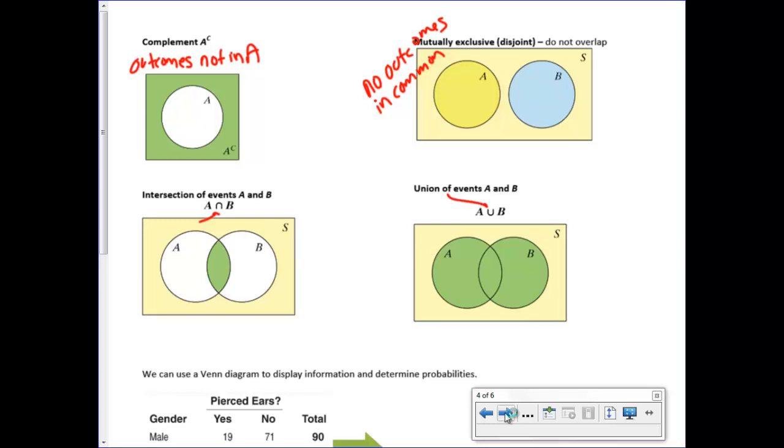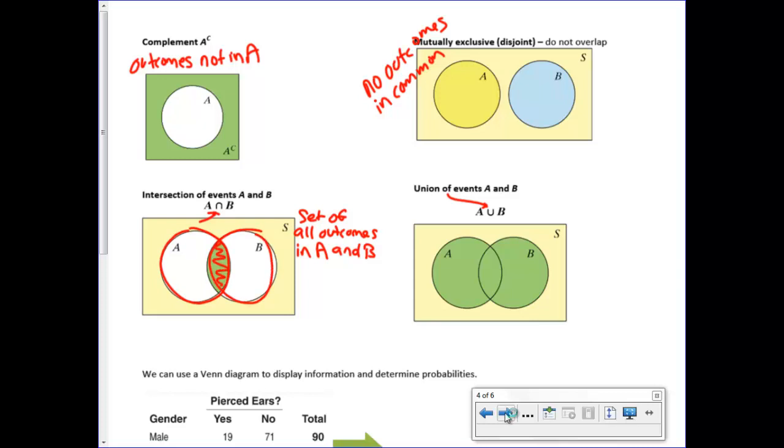And this one, like a U, is called the union. So this is the one where a set of all outcomes are in both A and B. The intersection, kind of like it says, where do they intersect? What's in common between both of them? If I have this circle here and I have this circle here, what part overlaps?